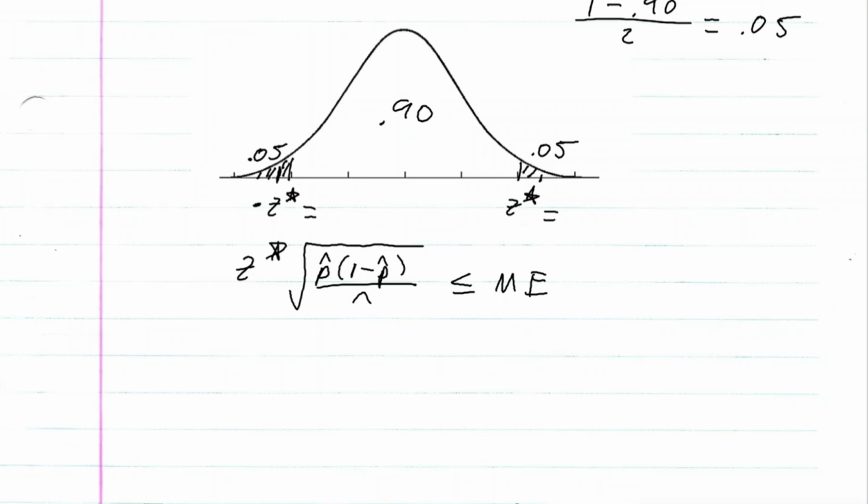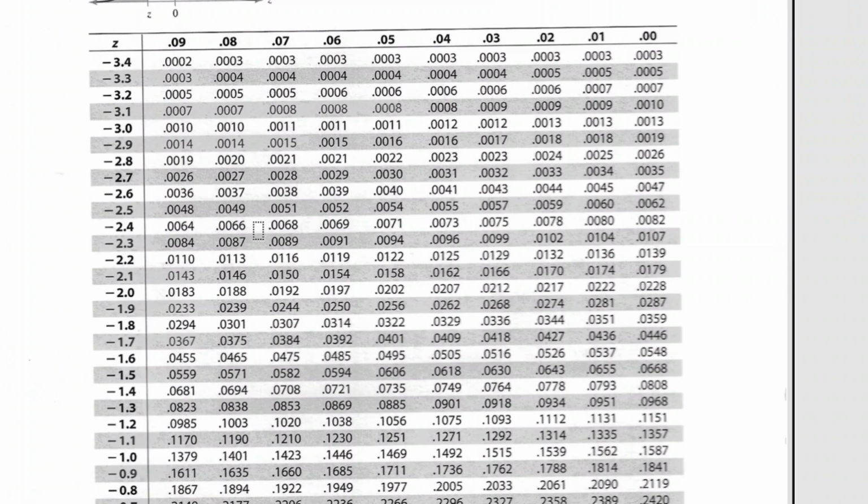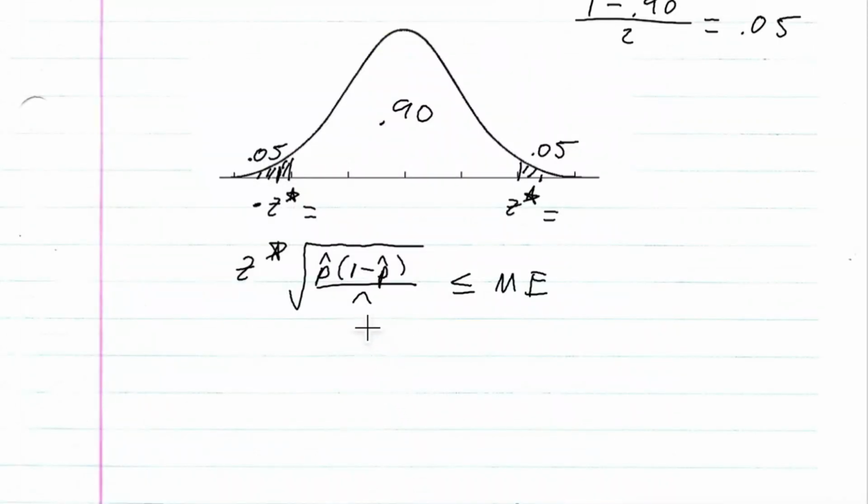Let's go to our table and find our 0.05. We see 0.0495 and 0.0505, so our corresponding z-score is negative 1.645, and then a positive 1.645. All right, so that's our z value.